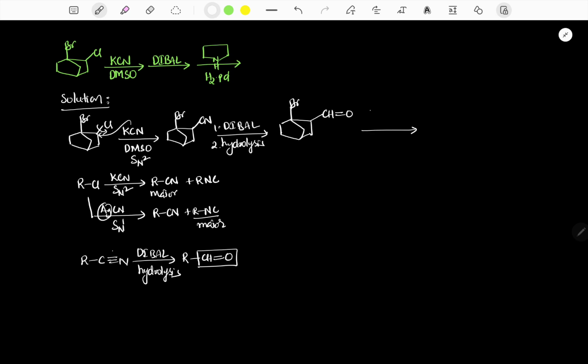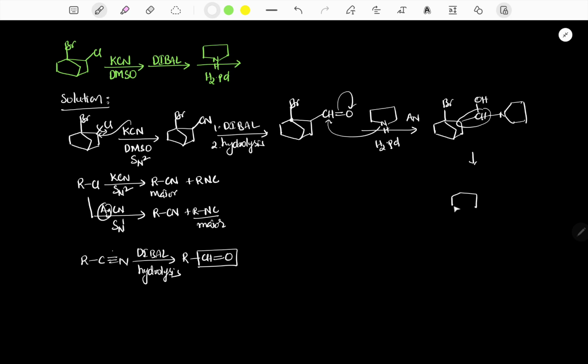Now it is treated with secondary amine followed by H2/Pd. When you add secondary amine, nucleophilic addition takes place, because we know that bridge carbon does not participate, and finally we get the corresponding product like this. Now this product undergoes dehydration immediately to give the corresponding conjugated product.